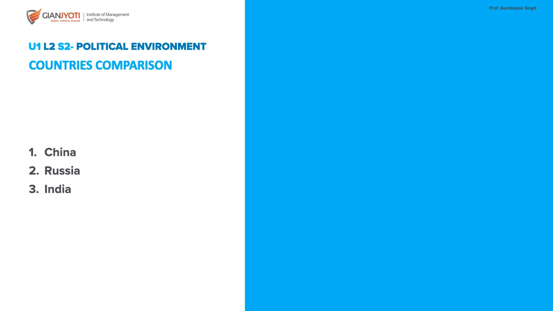Russia also is a big country and commands a very strong economic power in the world. So let us compare the 3 countries. What comes to your mind when we talk about the political environment for these 3 countries?